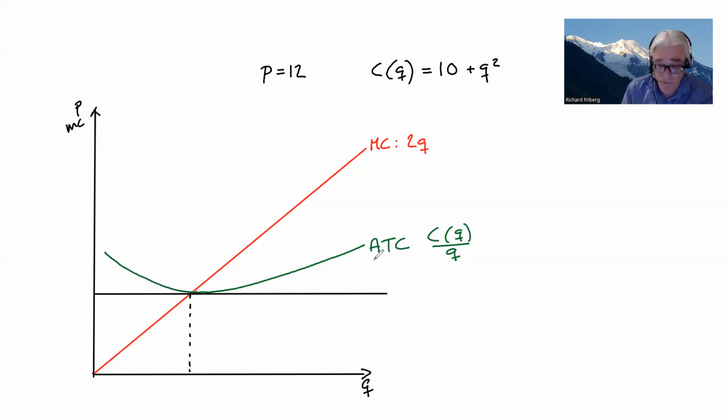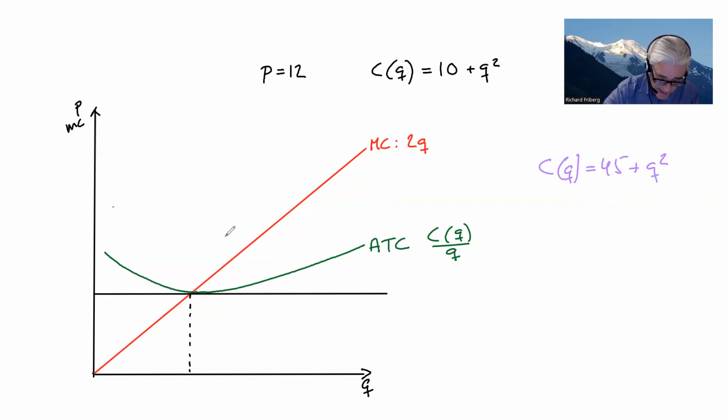We could also look at the case where there's a loss. So assume that instead C of Q is now 45 plus Q squared, say. So the marginal cost curve is unchanged. Marginal cost is still 2Q, but the fixed cost has gone up. So what does that imply?